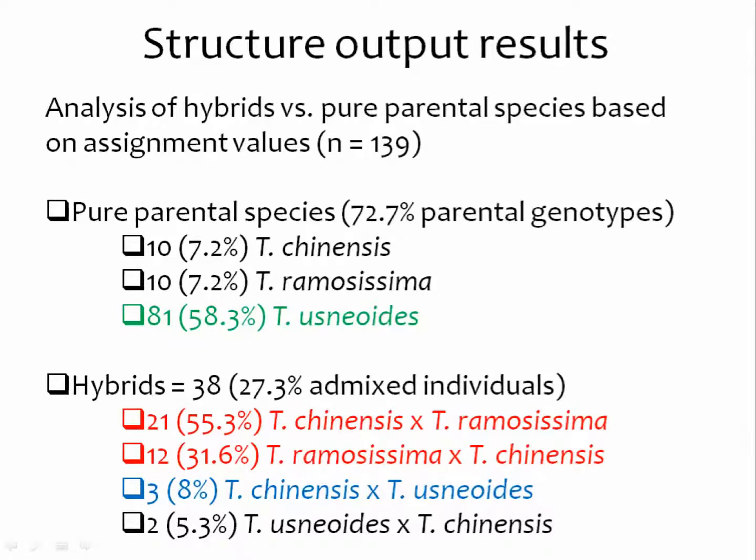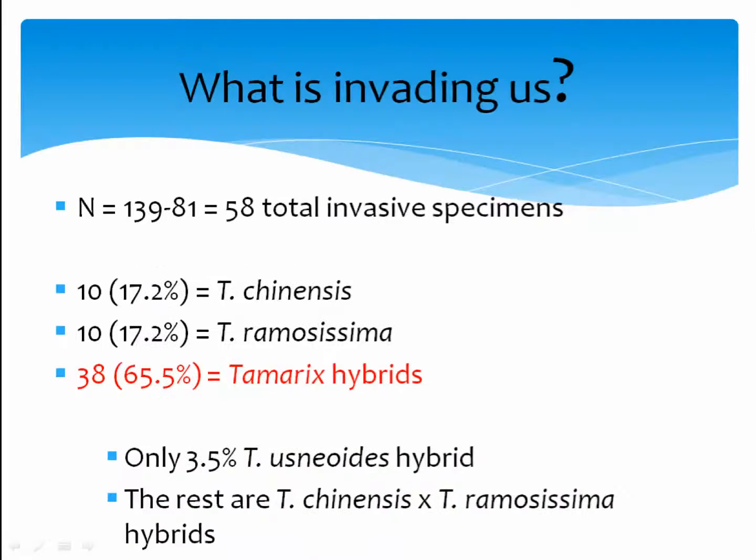This is quite a fairly high number simply because of the many indigenous samples which were thrown into the data set. But if we take out the indigenous specimens, then we've got different numbers.